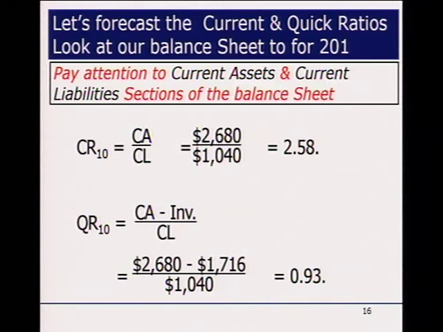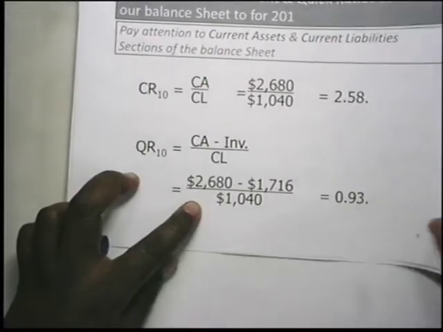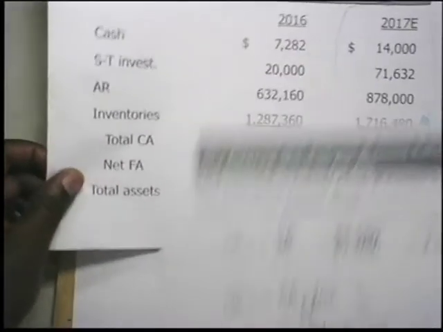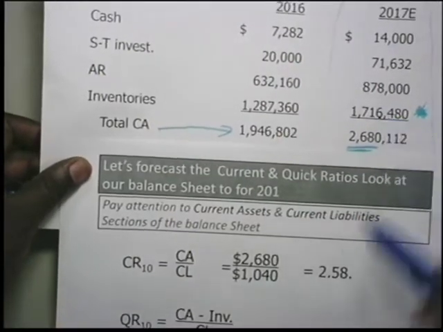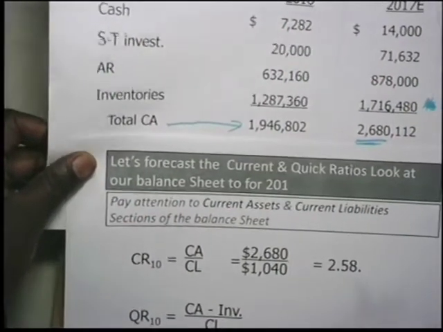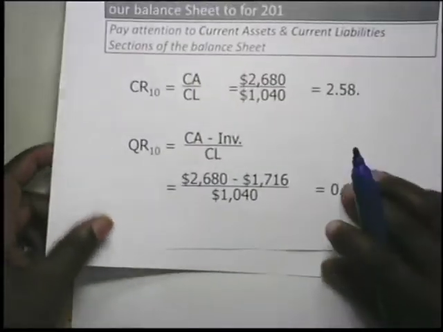So what we have just done, we have brought in the inventory, the figure that comes from our balance sheet. Remember, here we're taking the figure from here. This is the figure that you find here. So we divide that, and what do we get?